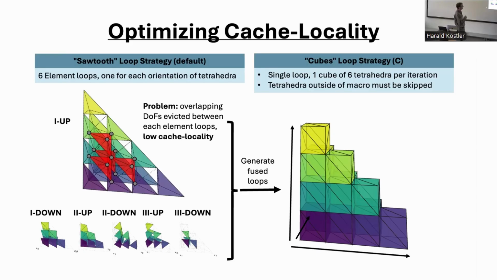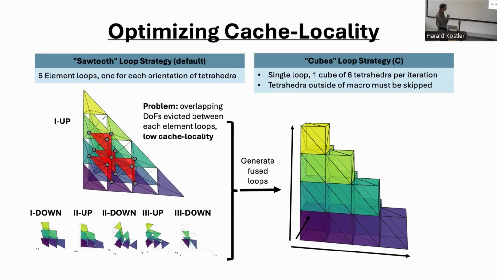Originally we had a way where we split it into 6 different loops and then performed a sweep over all of them. And then we were done.